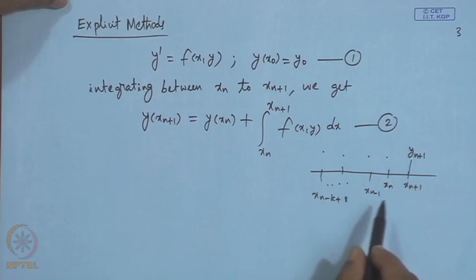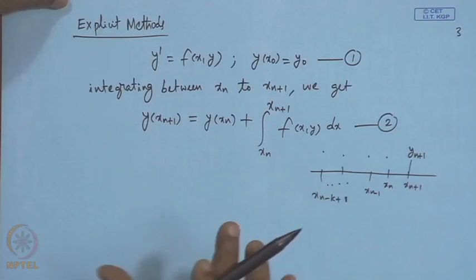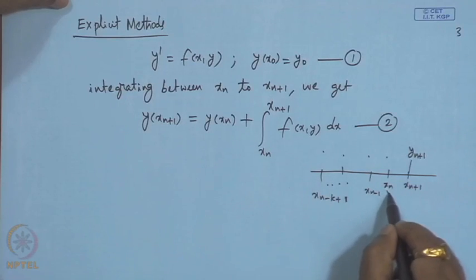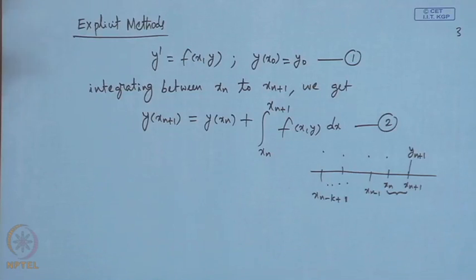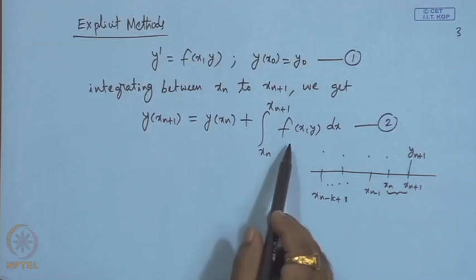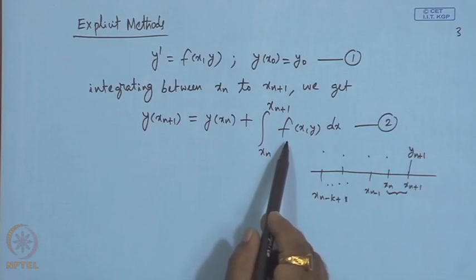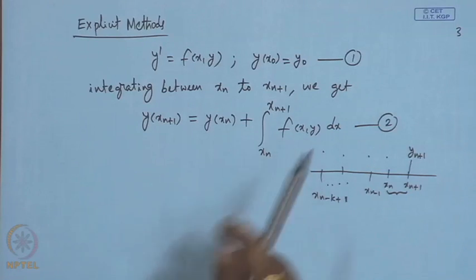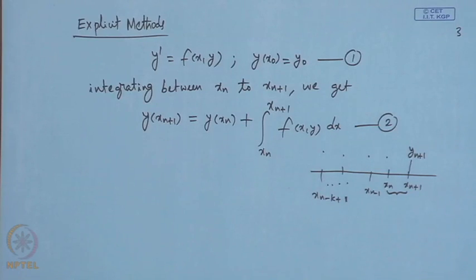For that we are just integrating between only one step. Now, where are we trying to use the past points? Look at this. We have to approximate f by a suitable polynomial. Here we will use the past points.